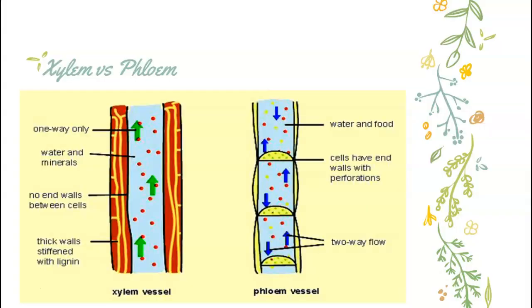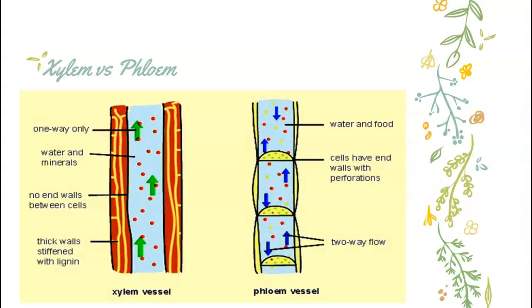So, just an image. Again, I like to throw a lot of images so that if you didn't pick it up in the first couple, hopefully this will help. On the left you have xylem, again, one way, no end walls between cells, right? The membrane and wall break down, you make one long tube, and it's fortified with lignin, meaning it's strengthened with lignin.